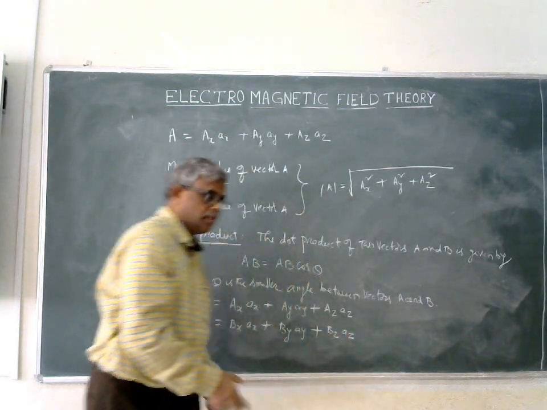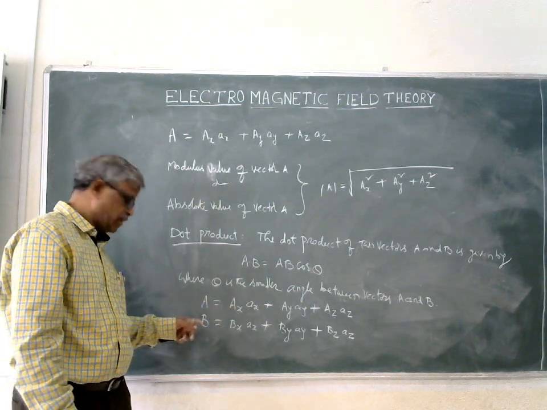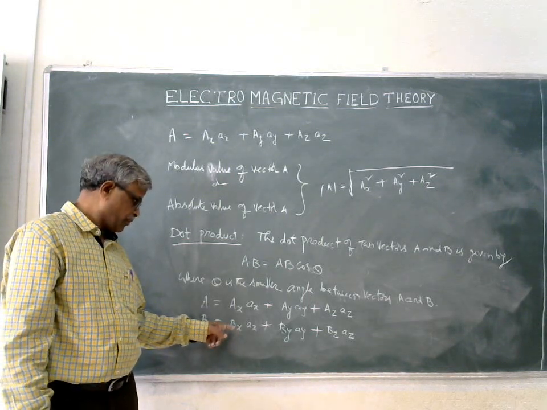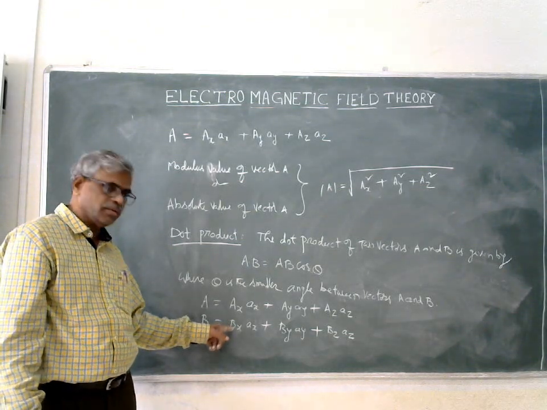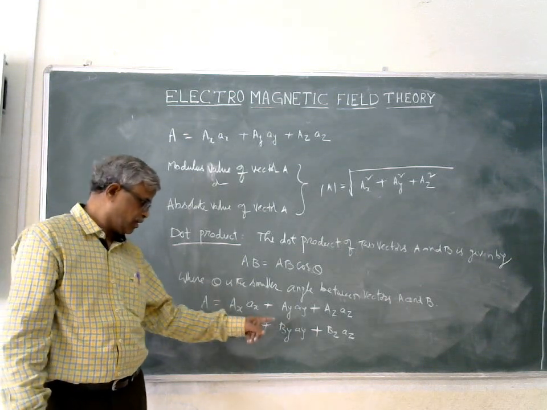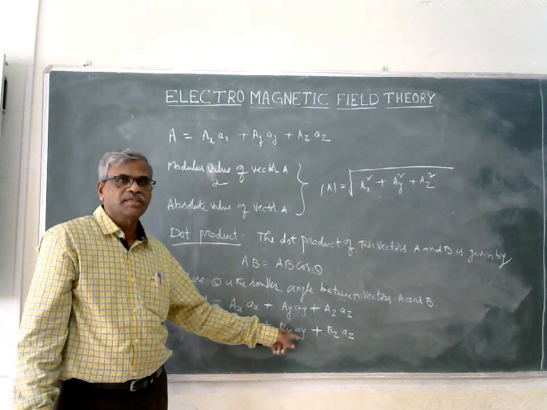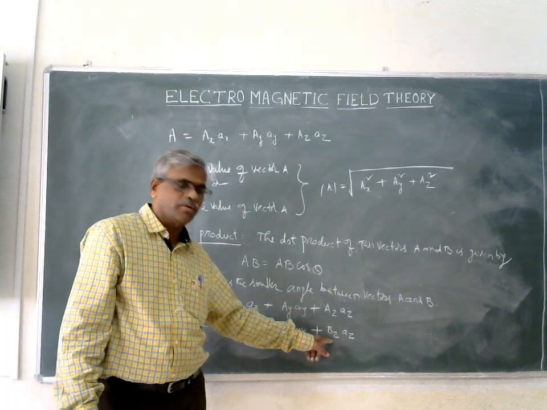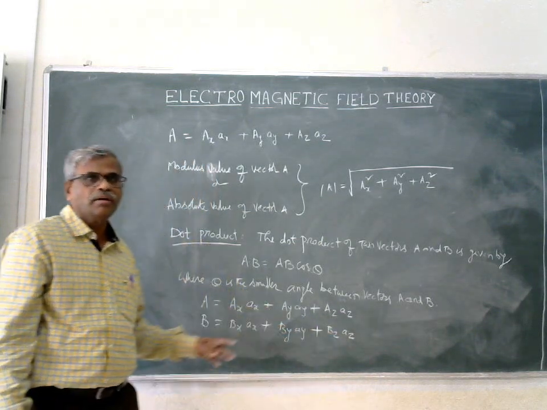This is the A vector represented by its component vectors, and this is the B vector represented by its component vectors. Bx is the component of B vector along x-axis, ax is the unit vector along x-axis. By is the component of B vector along y-axis, ay is the unit vector along y-axis. Bz is the component of B vector along z-axis, az is the unit vector along z-axis.